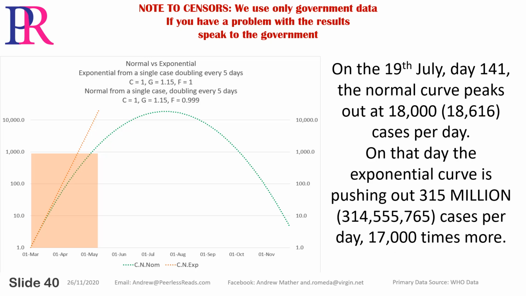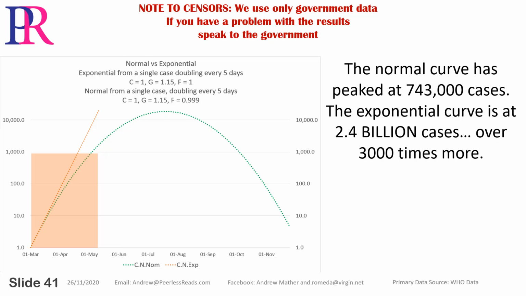On the 19th of July, day 141, the normal curve peaks out at 18,000 cases per day. On that day, the exponential curve is pushing out 315 million cases per day, 17,000 times more. The normal curve has peaked at 743,000 cases.